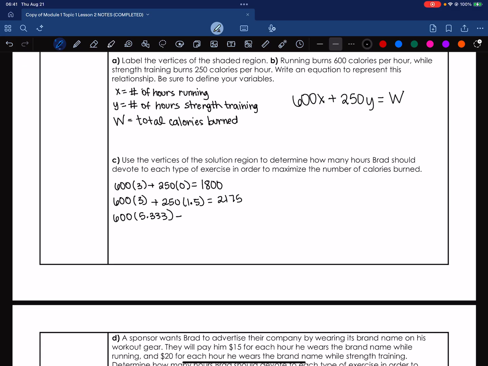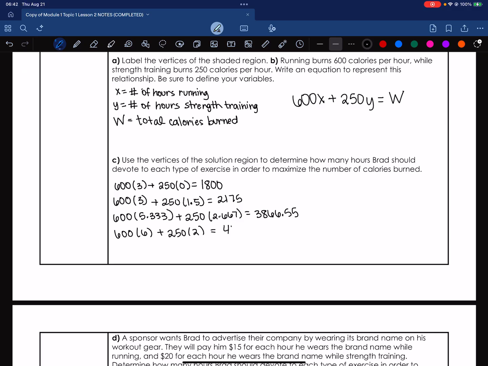Then we have 600 times 5.333 plus 250 times 2.667. When you type that into your calculator, you should get 3,866.55. Then we have 600 times 6 plus 250 times 2.